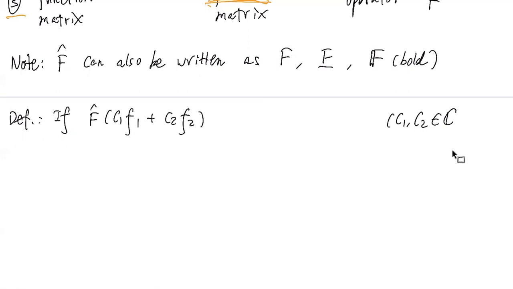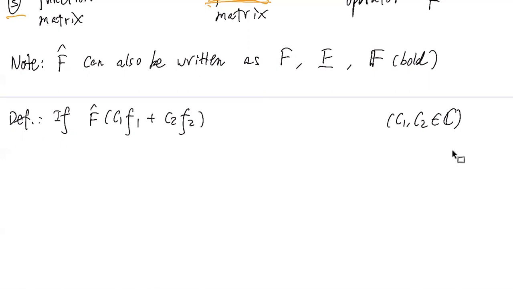In general, we can talk about complex numbers. Of course, if you only care about real numbers, they can be real numbers. But in general, C1, C2 are complex numbers, and F1, F2 are two functions.